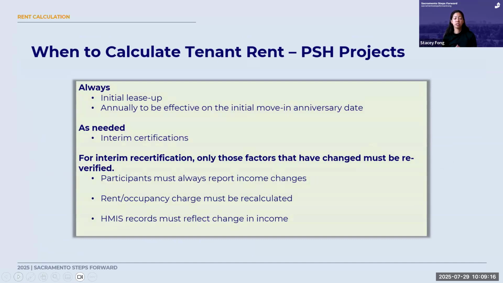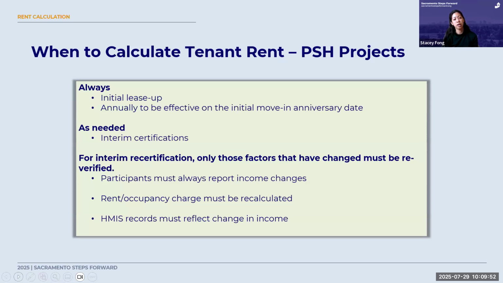Another important component to determining rent before we go into the actual tool is when to do so. You'll want to calculate rent always at initial lease up and then annually thereafter, to be effective every time at the move-in anniversary date. Interims are allowed as needed. So if, for example, a participant loses their job and their income changes, you're able to recertify their rent portion.